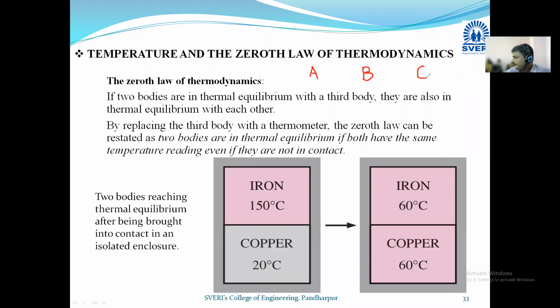If body A is in thermal equilibrium with body B and body B is in thermal equilibrium with body C, then body A must be in thermal equilibrium with body C.